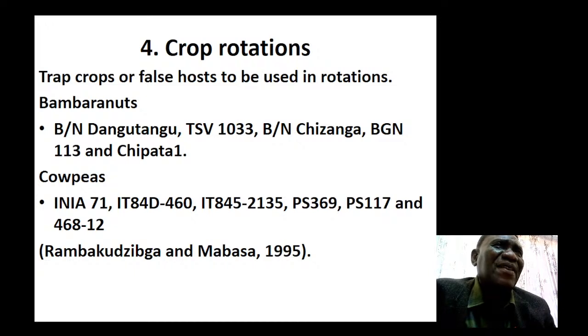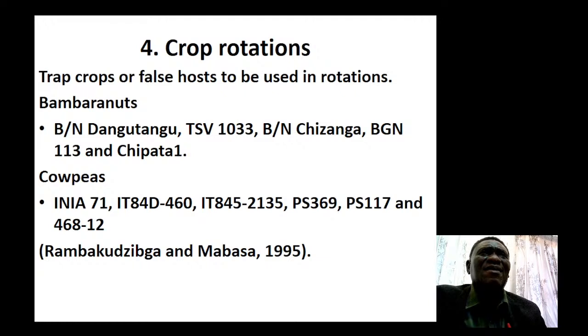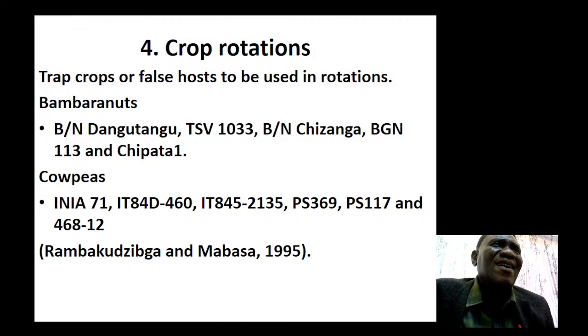We also have cowpeas, which produce a lot of stimulants, yet they do not support Striga. So what we are saying is that in crop rotations, you need to use such materials so that they remove or kill Striga.